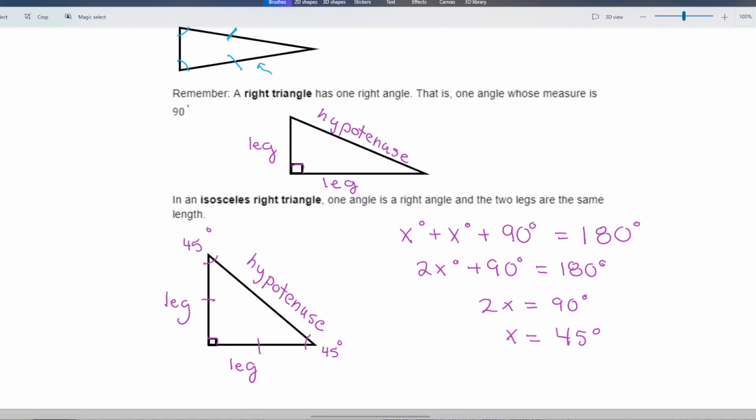The legs are the same length, and of course that right angle is 90 degrees. We are also going to talk about this type of triangle in class and spend some time talking about the relationship between the lengths of the legs in this triangle, but I just wanted to introduce that style of triangle and talk about what the angle measures are going to be there.